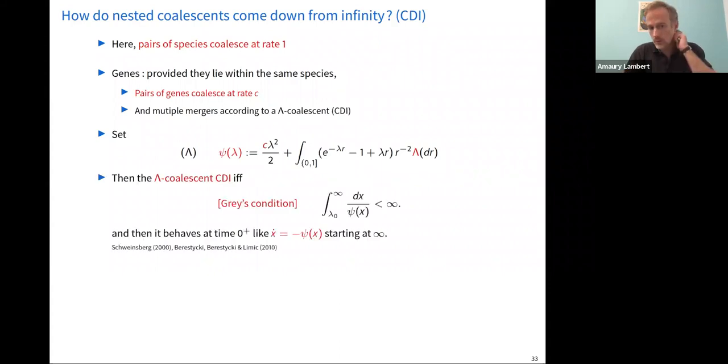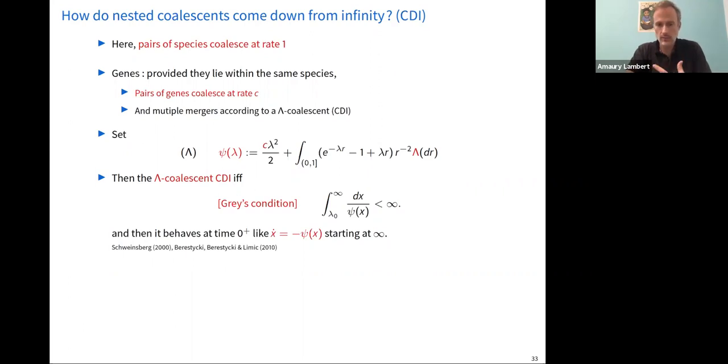And then the result says that the Lambda coalescent comes down from infinity, CDI, if 1 over psi is integrable at infinity. And in that case, the number of lineages in the Lambda coalescent behaves at small times like the solution to x dot equals minus psi of x, starting at infinity, right?